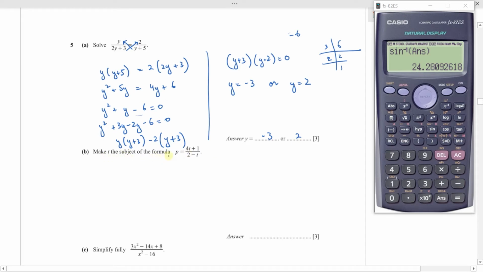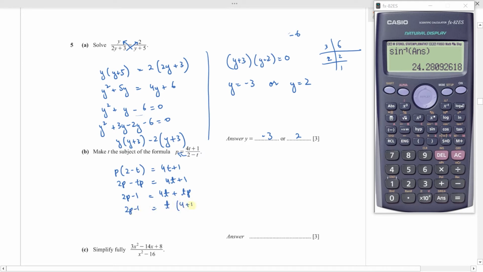Make t the subject of this formula. So if I take this 2 minus t to the other side, it will be multiplied here. Get 4t plus 1. If I open the bracket, I will get minus 2p minus tp equals to 4t plus 1. Then I'll take this tp to the other side, bring 1 here. So I'll have 2p minus 1 equals to 4t plus tp. 2p minus 1 equals, I'll take t common here.